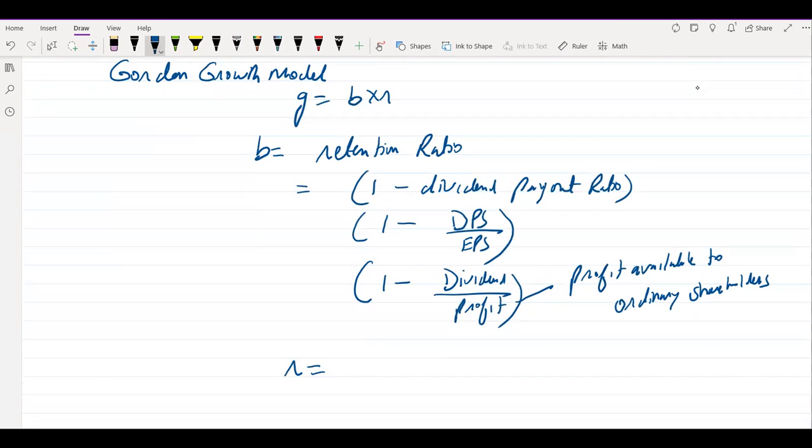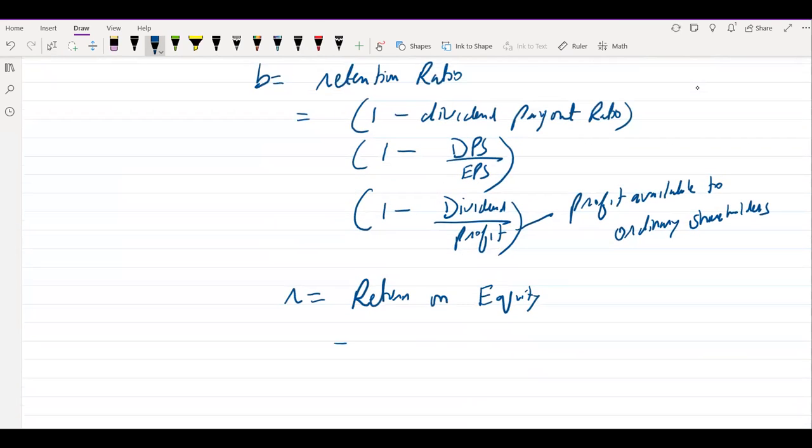What is r? r is return on equity: profit available to ordinary shareholders divided by book value of equity.